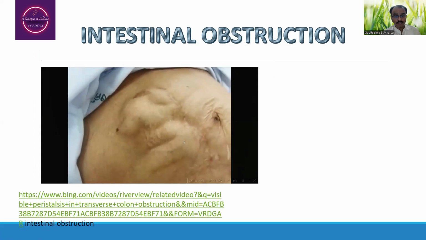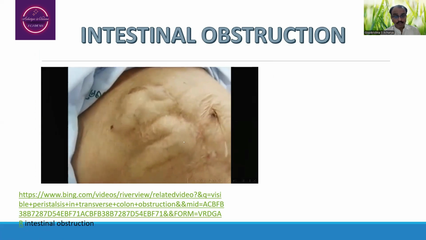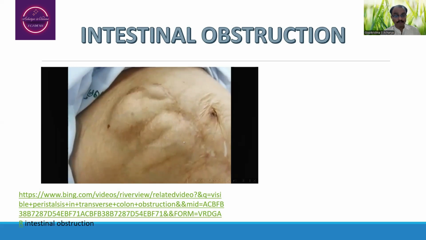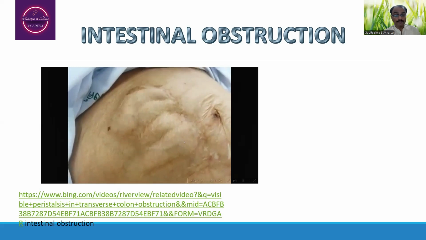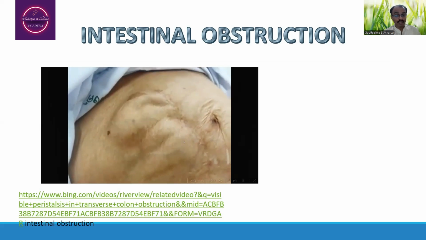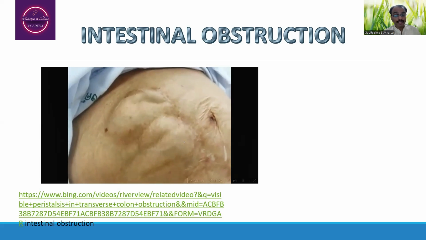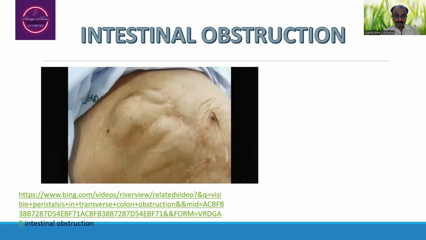Yes, you can observe that frequently you are seeing movement of the peristalsis from left to right, that too in the lower abdomen. So that is not in the lower abdomen, it is nearly around the umbilical region as such. This is indicative of a small intestinal obstruction.